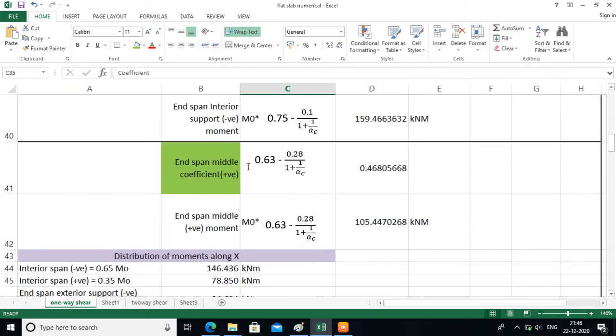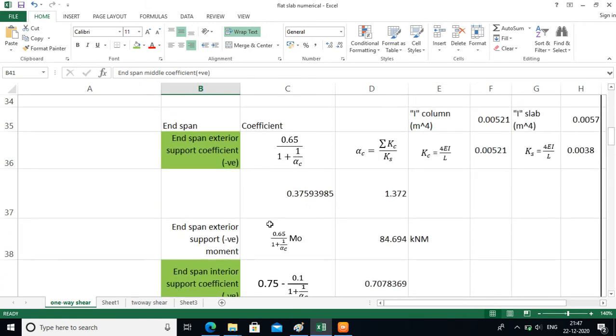And the third, the end span middle coefficient, is 0.63 minus 0.28 divided by 1 plus 1 upon alpha c. All these coefficients have one unique value, alpha c. Alpha c is the ratio of the summation of stiffnesses of all columns divided by the stiffness of slab. It is the stiffness ratio.